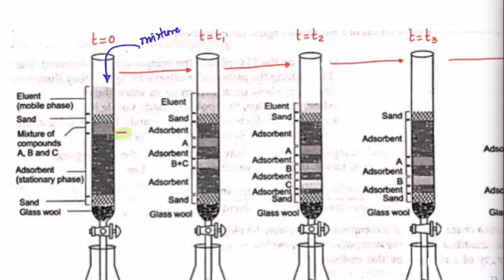Let's say at time t equal to 0, I've added this mixture to the column. This mixture has 3 compounds, A, B, C. Out of these, some would be moving into the solution, and the ones which are moving are called the mobile phase, because throughout this, let's say, aqueous solution we have the adsorbent, where we are using silica gel.